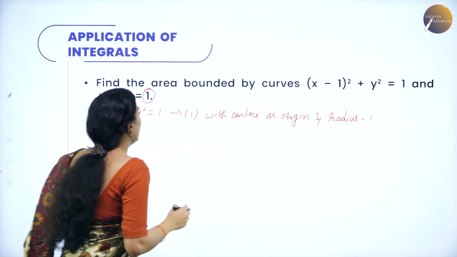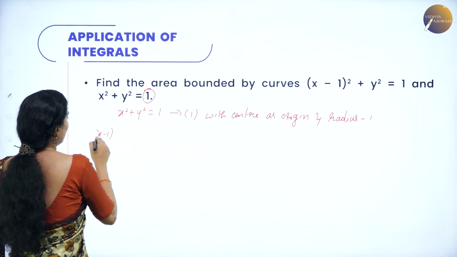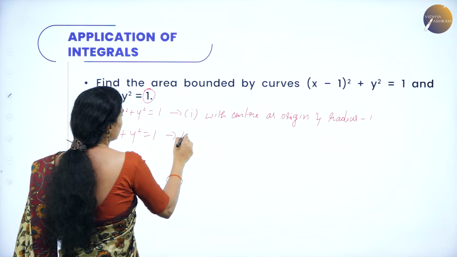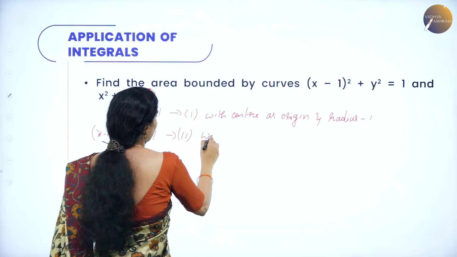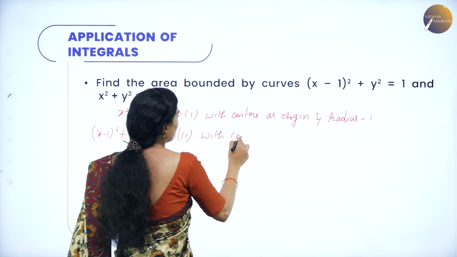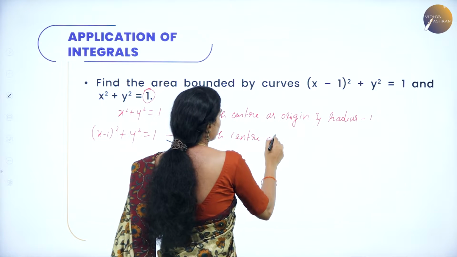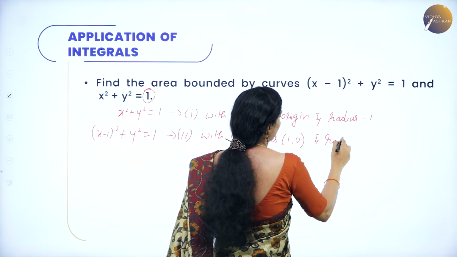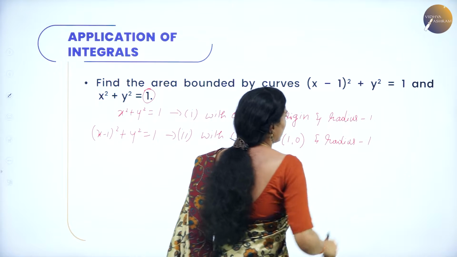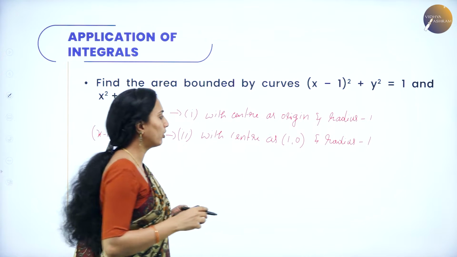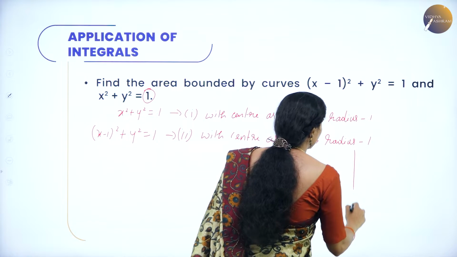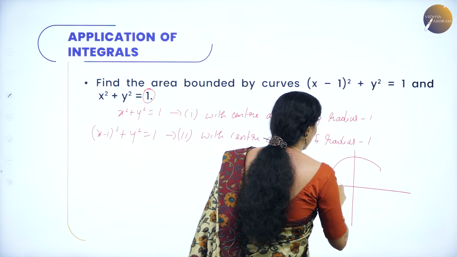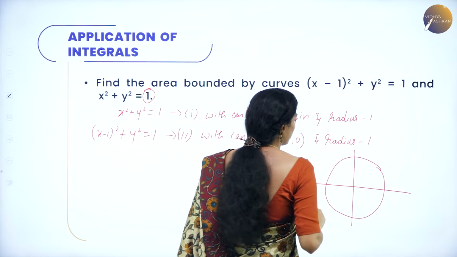So next circle they have given x minus 1 whole squared plus y squared is equal to 1 is a second circle, okay, with center as 1, 0 and radius as 1, correct? Radius as 1. So let us draw the diagram accordingly. So this is what the circle I am drawing with the center as 0, 0.